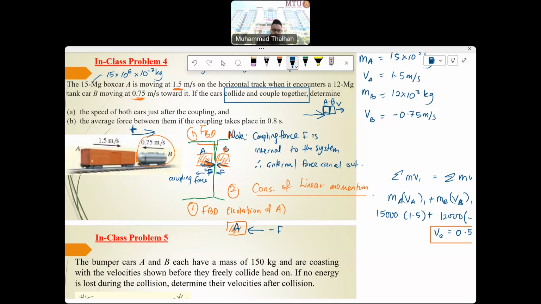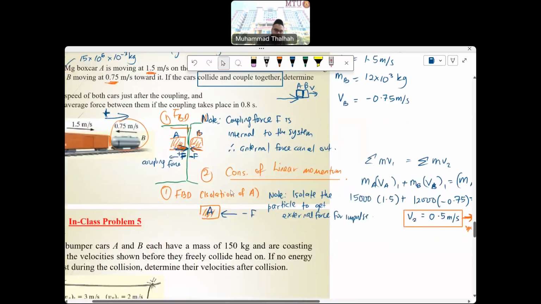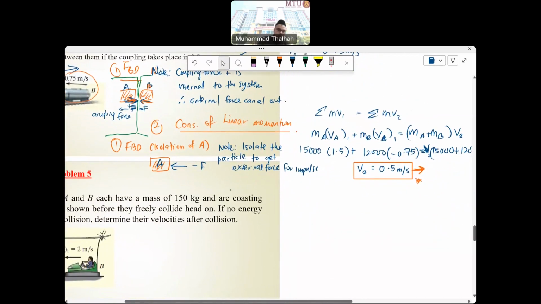Note that we isolate the particle to get the external force for impulse. Now we have the free body diagram, we can straight away go into the principle of impulse and momentum.